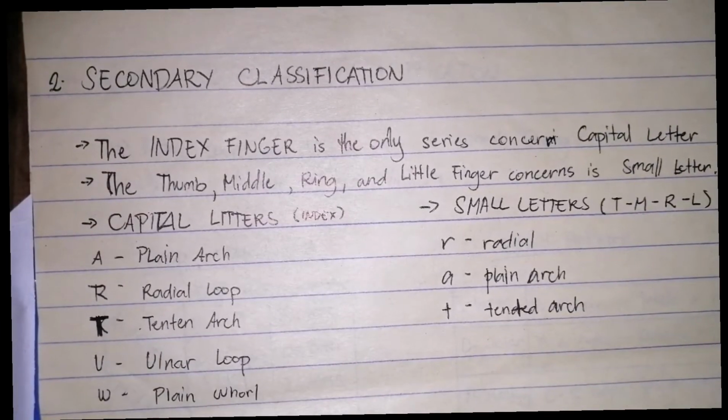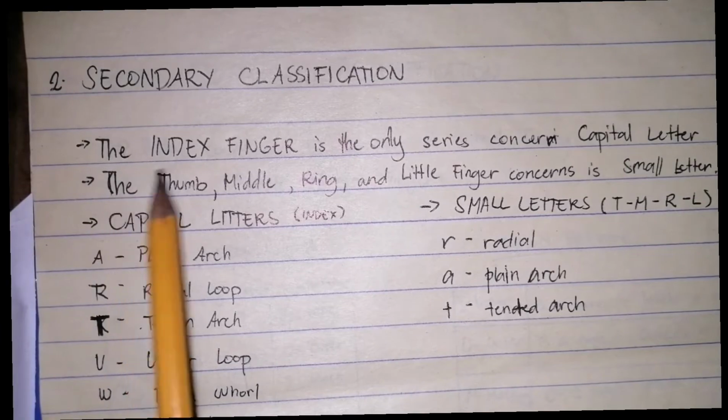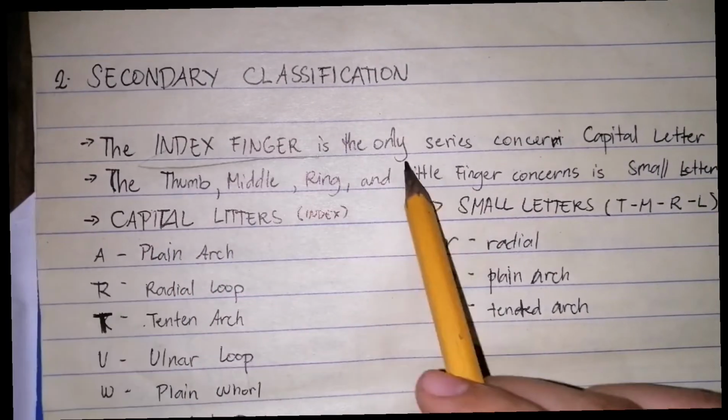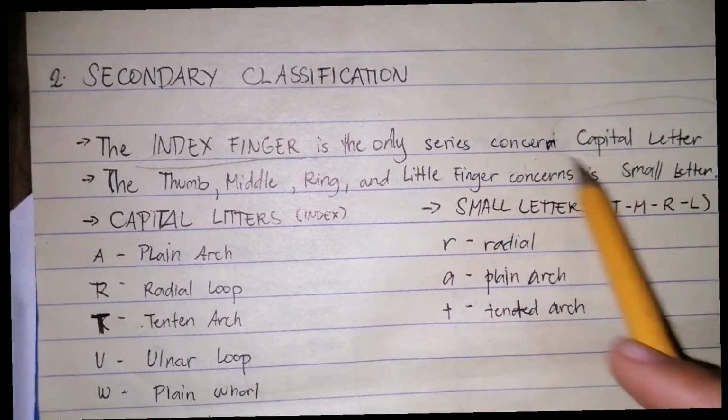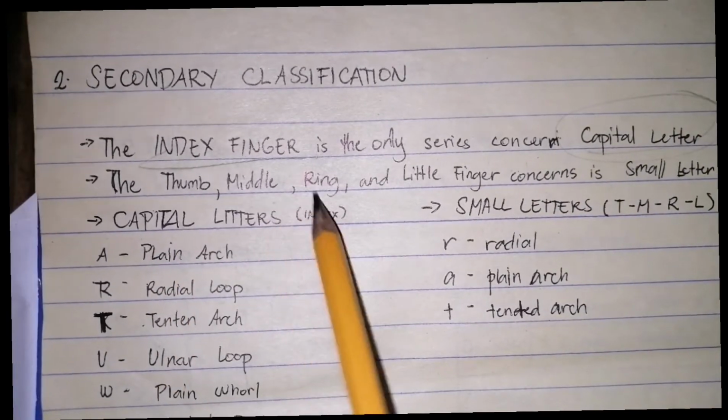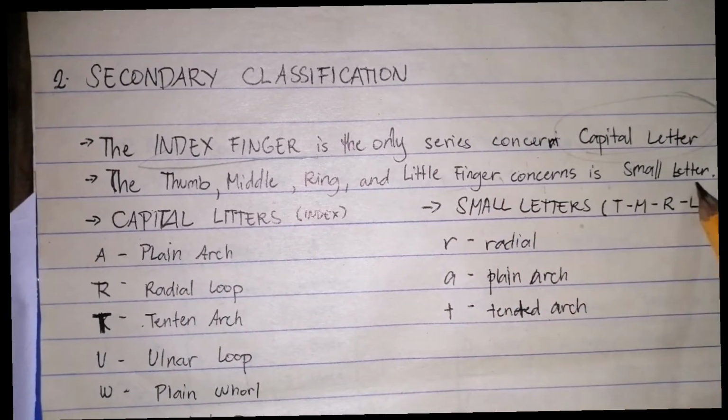Next we will proceed to the secondary classification. In the secondary classification, the index finger is the only one that concerns capital letters. The thumb, middle, ring, and little fingers concern small letters.